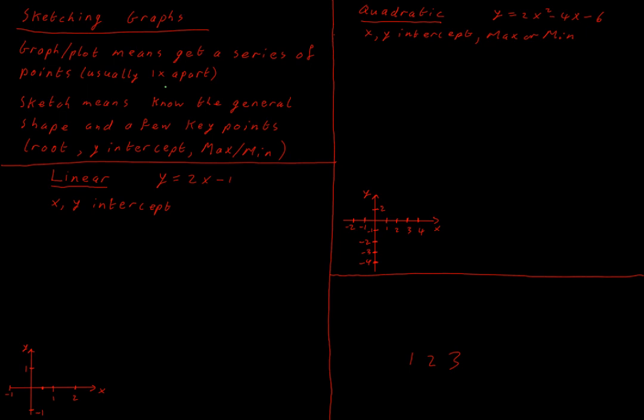Because a lot of the challenge of higher level Leaving Cert is being able to interpret the questions and understand what we've been asked. And sketching graphs of functions can be a big, important component in doing that.